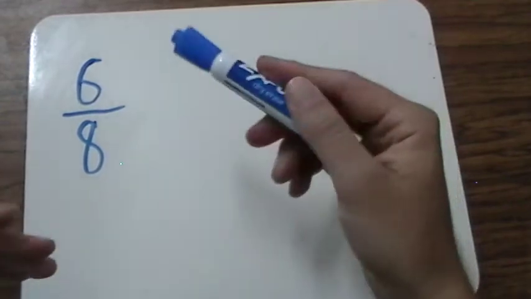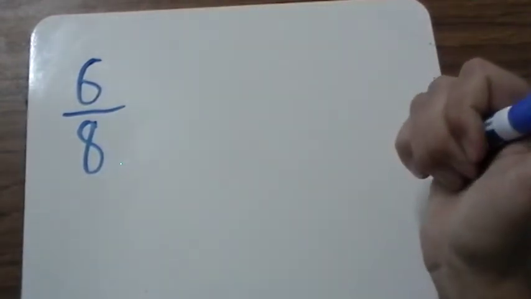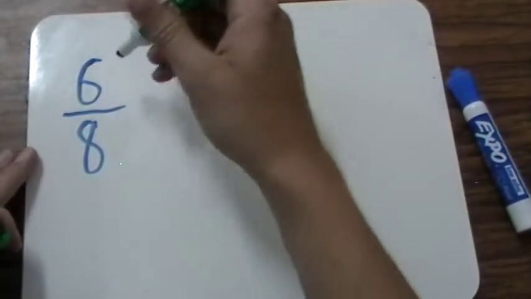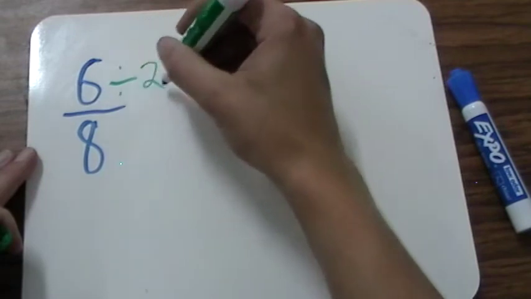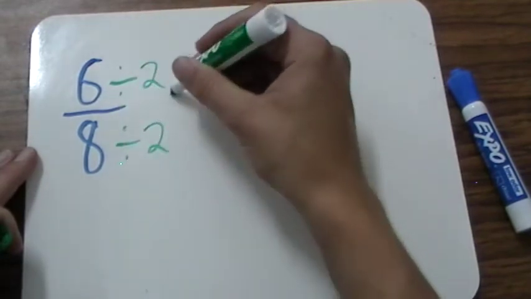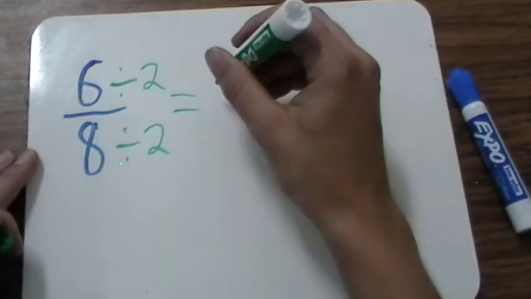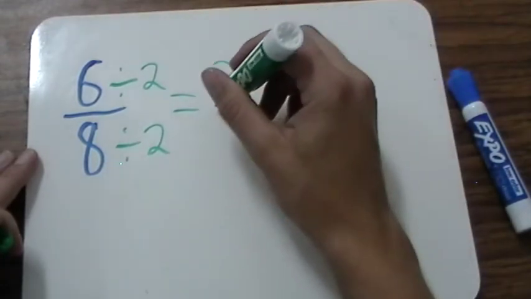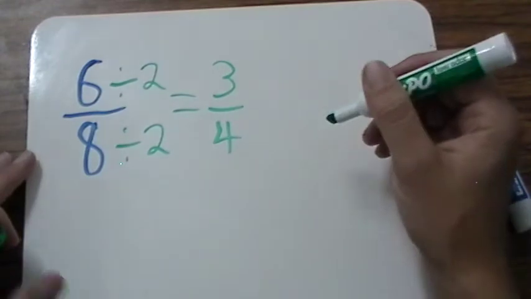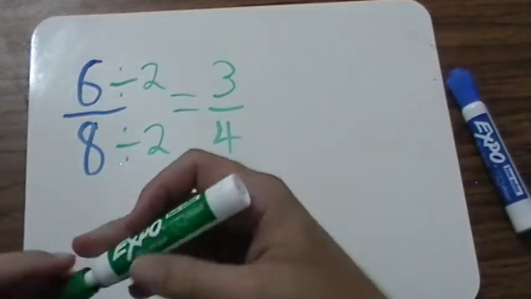Is there a number that can fit inside of 6 and 8? Yes. 2 can. So let's divide the top by 2, divide the bottom by 2. 6 divided by 2 is 3. 8 divided by 2 is 4. I get 3/4.